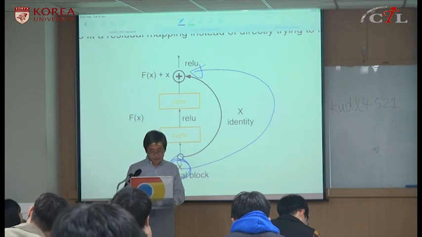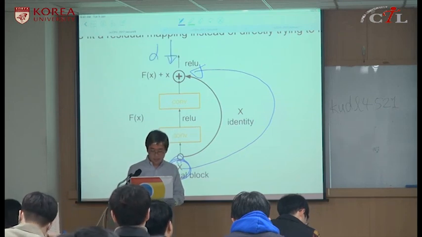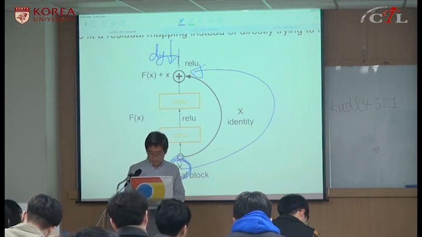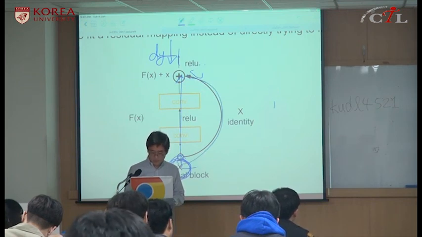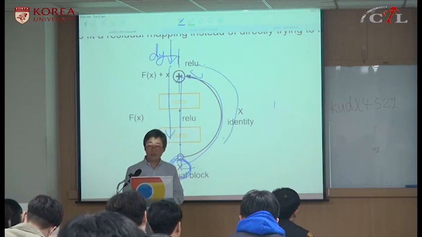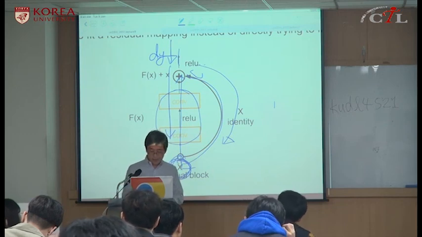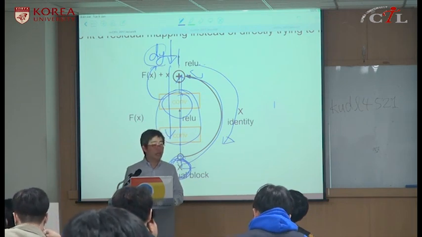And then also in terms of gradient flow through the backpropagation, the dy arrived at this point, and it has these 2 branches, right? So the gradient will flow through this direction and this direction. In this case, if this part was not trained properly, this part will be multiplied with the dy to produce the gradient with respect to this dx, right?